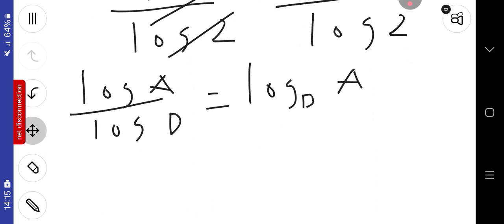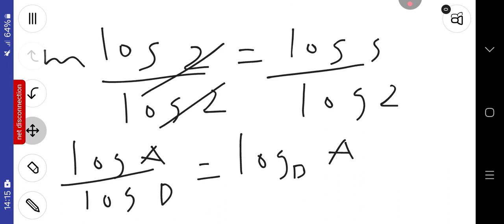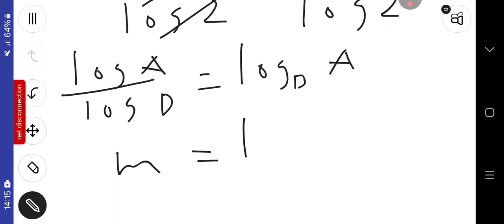So m is equal to log 5 base 2. Now we know the value of m. Let's find the value of n.